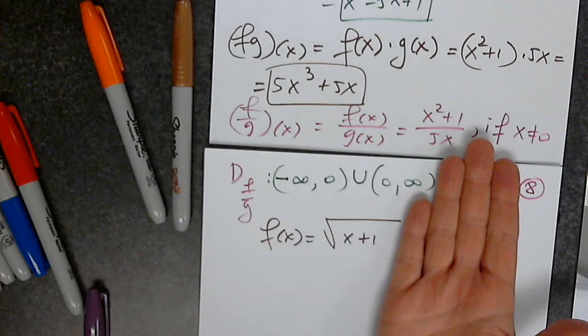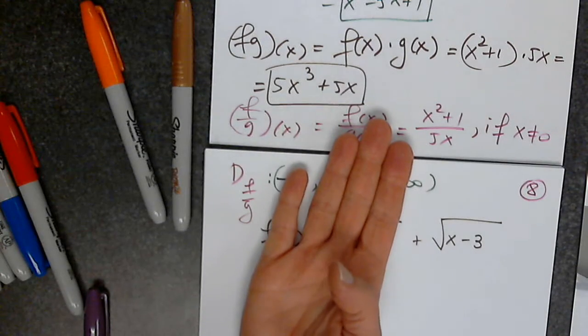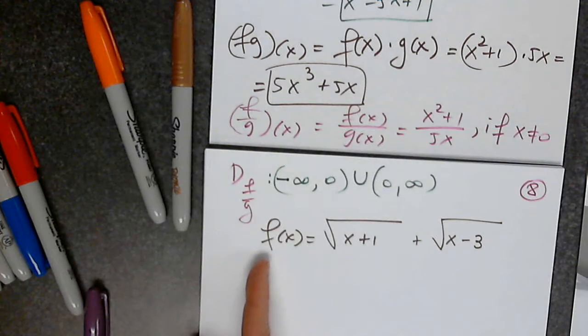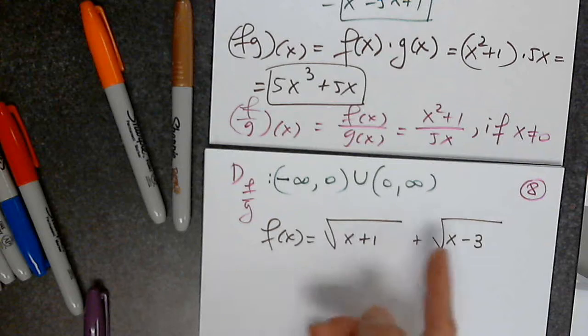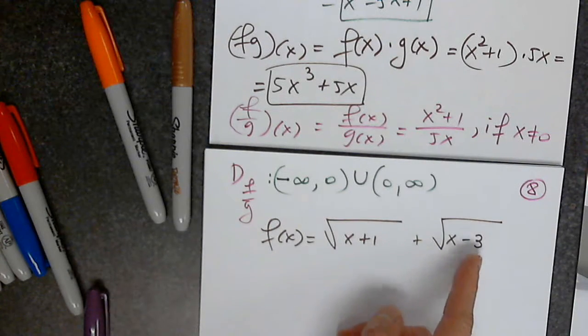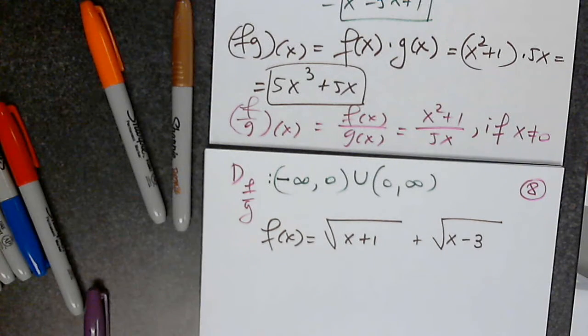This is one function, and this is the other. How do I determine the domain of this? Well, it's the common domain. This exists if this function and this function have a common domain. If this one is defined to the left of 1 and this one is defined to the right of -3, this function doesn't exist.